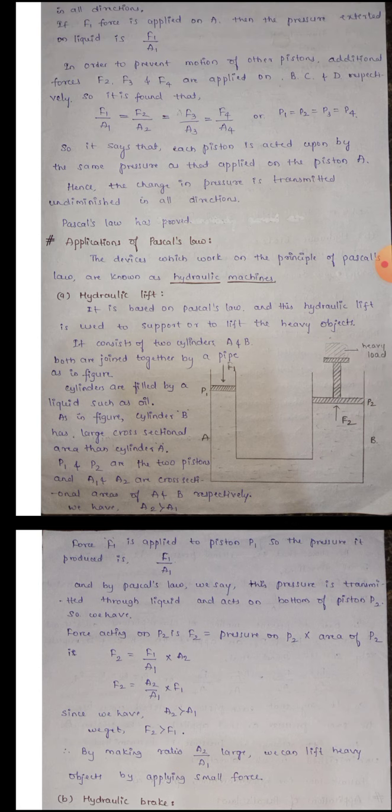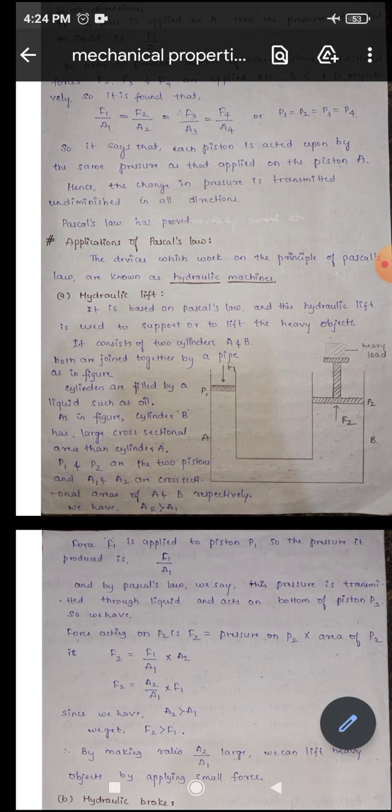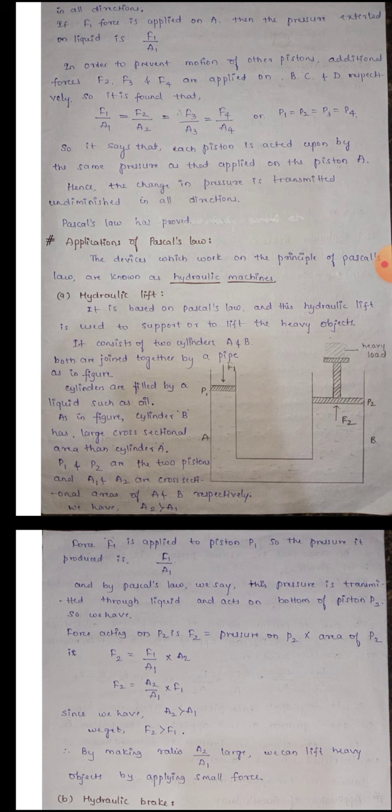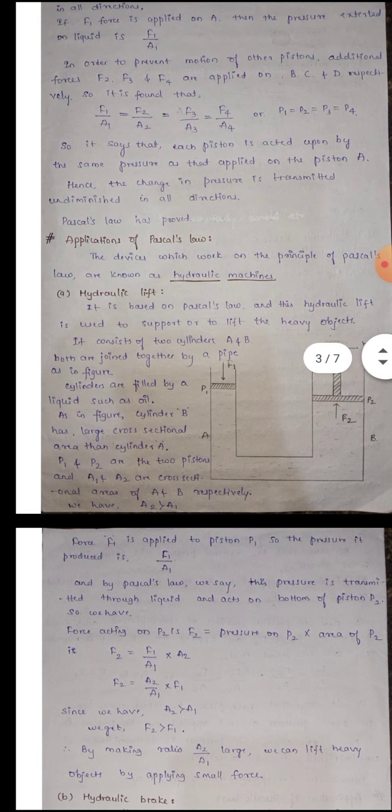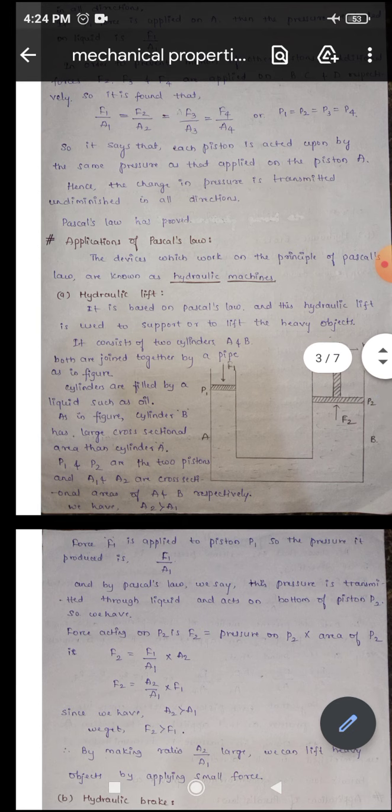and as in the figure we can see that the area of cylinder B is more than the area of cylinder A. So B has a larger cross-sectional area than cylinder A. Cylinder A consists of a piston P1 and cylinder B consists of piston P2. A has the P1 piston and B has the P2 piston.